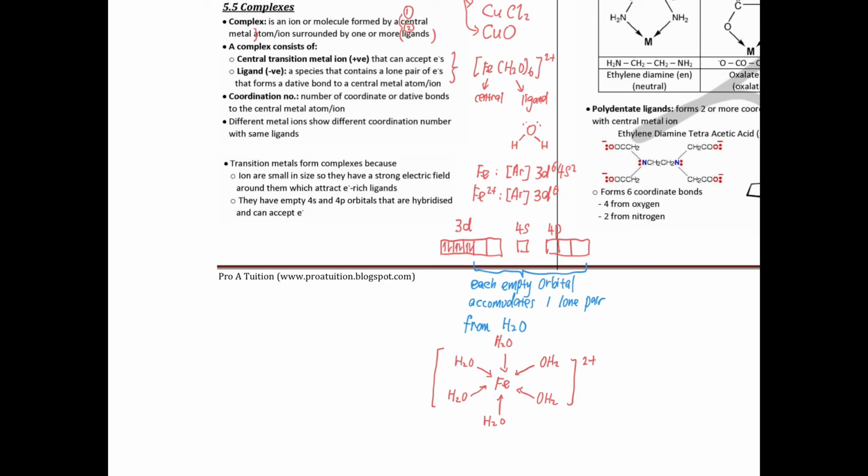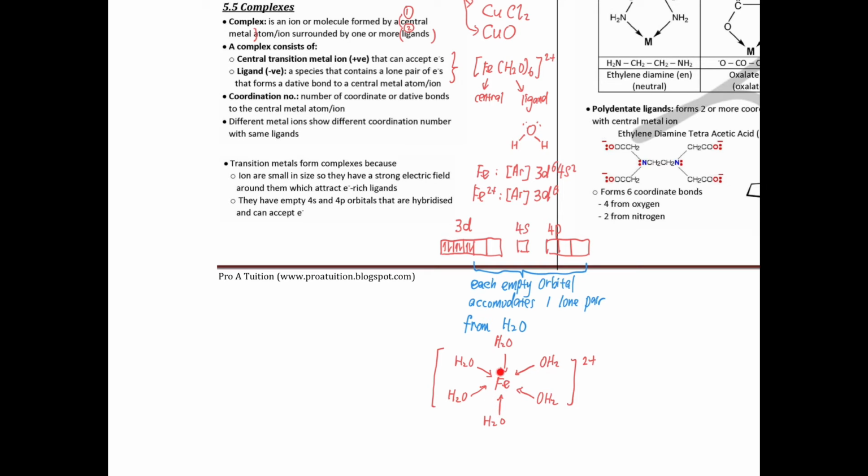Now, we look at the next point in the notes here: coordination number. The number of coordinate or dative bonds to the central metal atom or ion. So how many dative bonds? Let's say, for example, this again: 6 dative bonds.